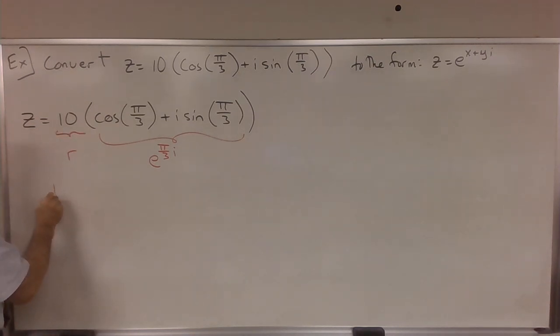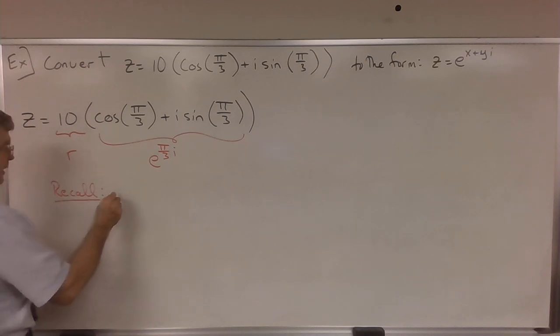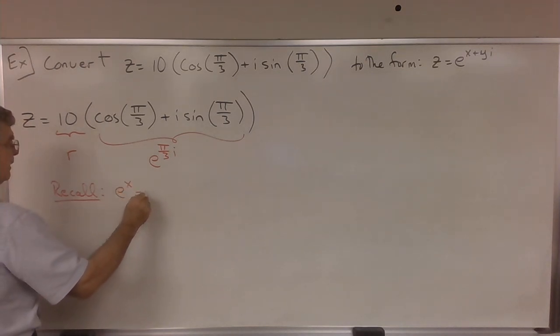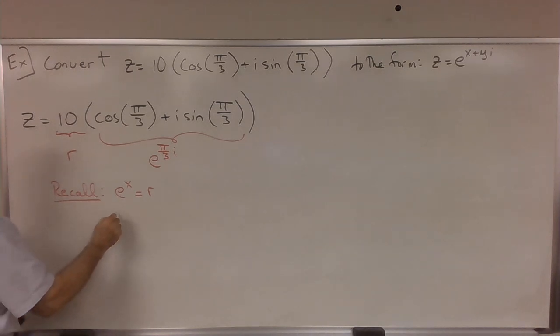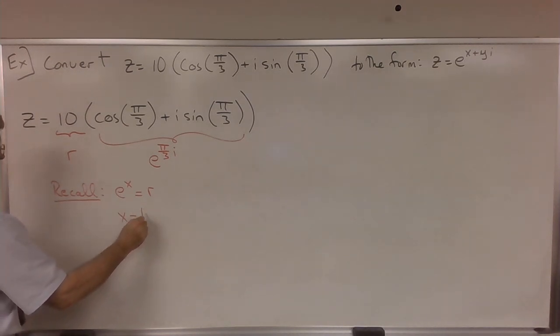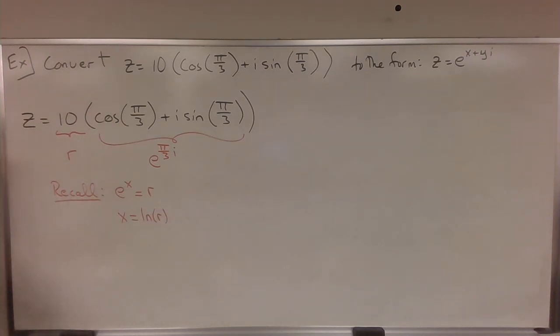And do we remember e to the x is equal to our r? And so that would mean that x is natural log of r. So in this case, x would be natural log of 10.